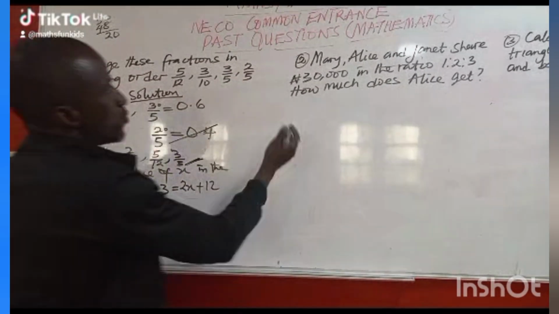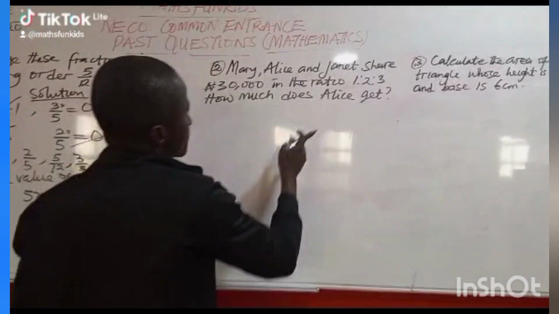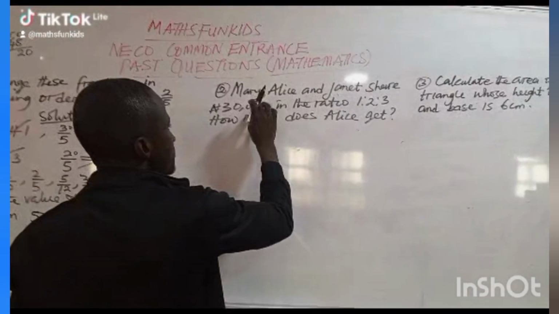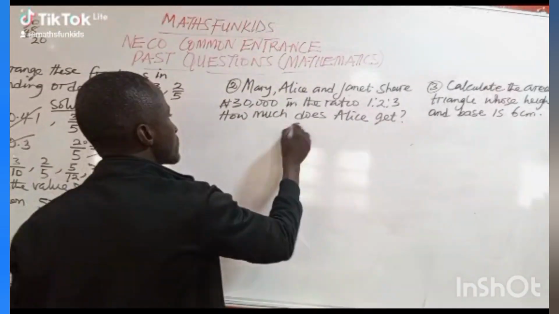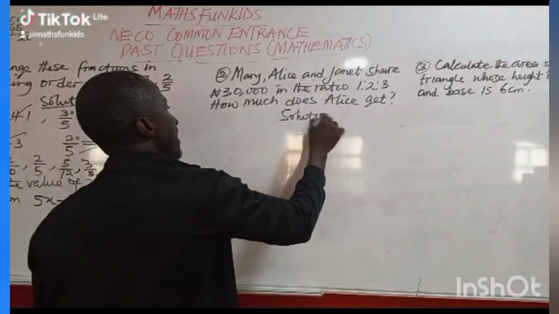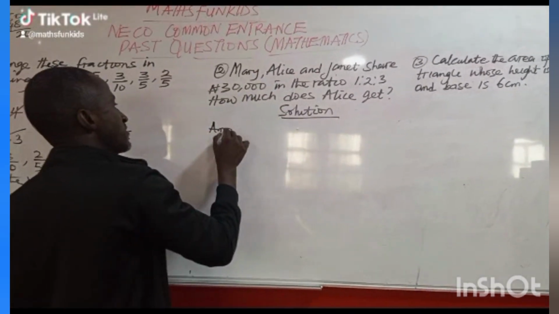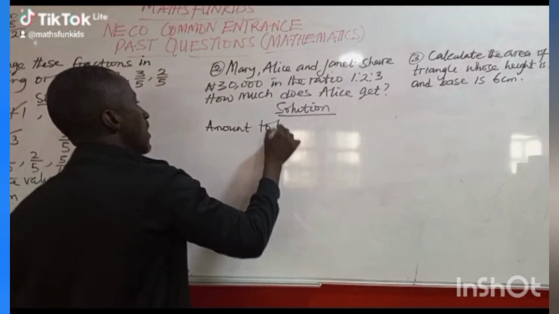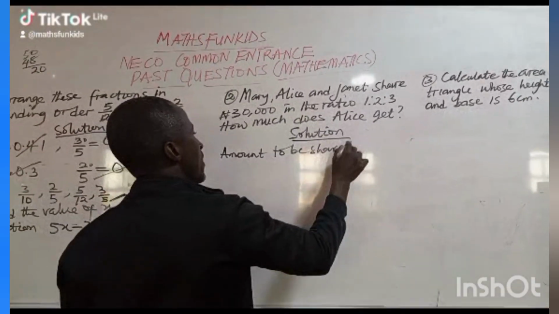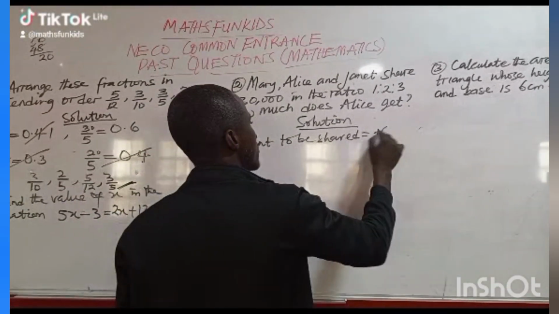Now, question number 2. We have 3 students, and the 3 of them are to share 30,000 naira. So the amount to be shared is 30,000 naira.